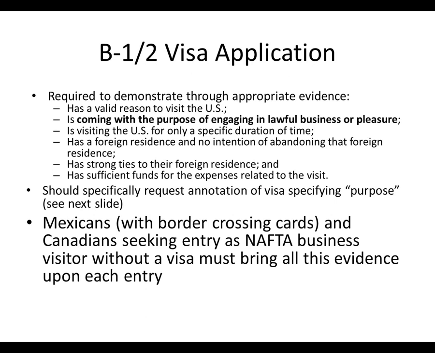You're not coming in to engage in any criminal activity. And the types of things you're coming in to do, not only are they allowed under that specific subcategory, but are in fact not illegal. A specific duration of time goes to temporary intent. Strong ties and having a foreign residence go towards demonstrating what you have abroad, and your sufficient funds to that extent as well. Your valid reason for coming to the U.S. is specific to that subset.